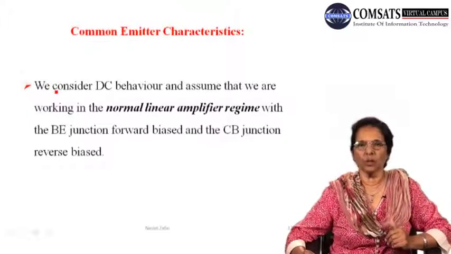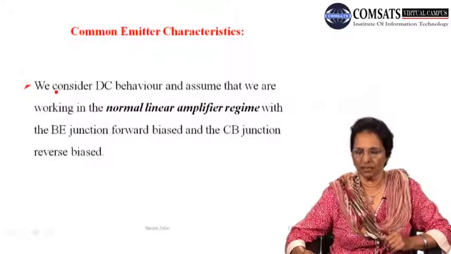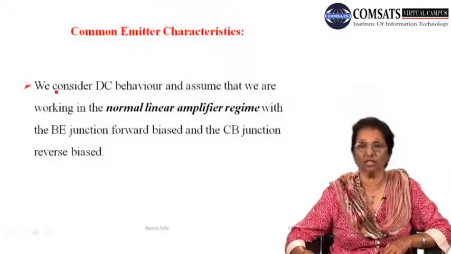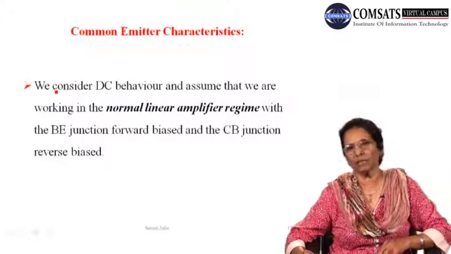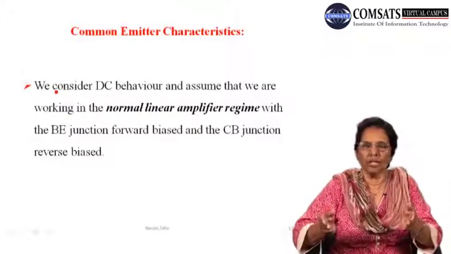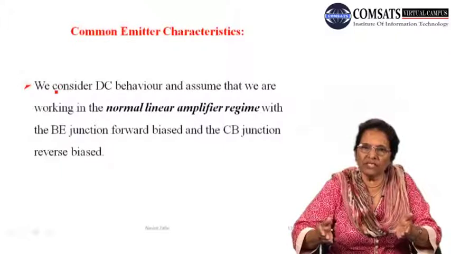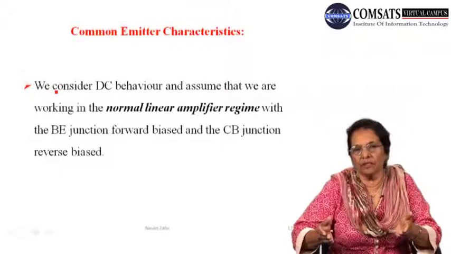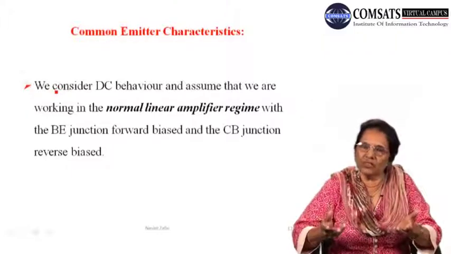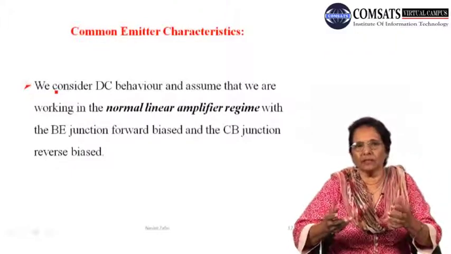So in order to understand or analyze the DC behavior of the transistor in the active region, which I just mentioned behaves like a normal linear amplifier region, we have the emitter-base junction as the forward-bias junction and the base-collector junction as the reverse-bias junction. Mind you, in my lectures I normally take the example of the common emitter configuration, because that gives me an ease of understanding.